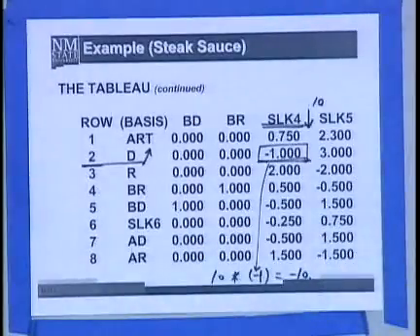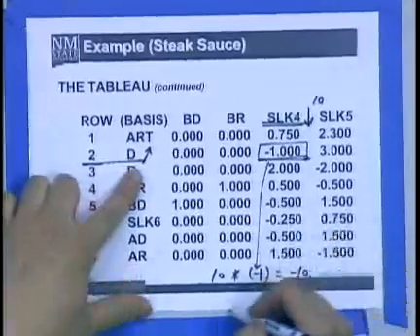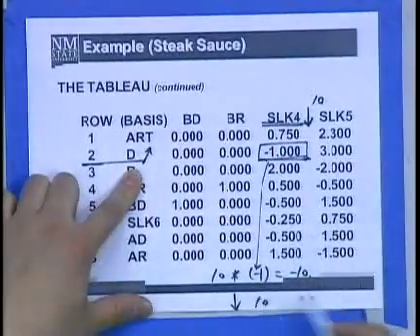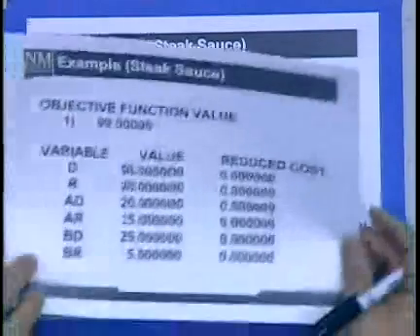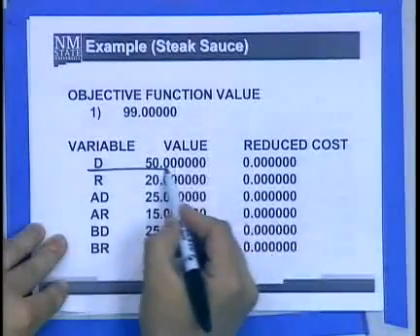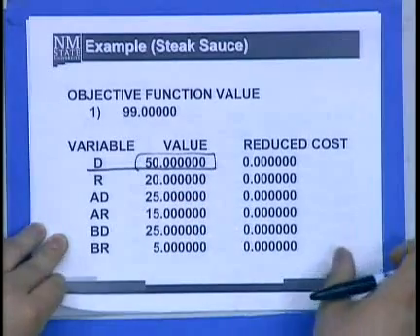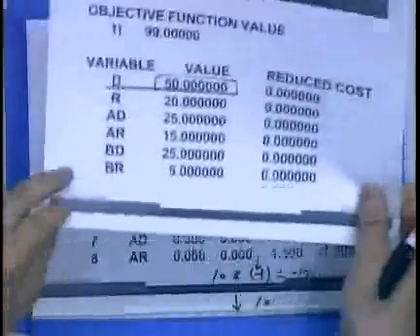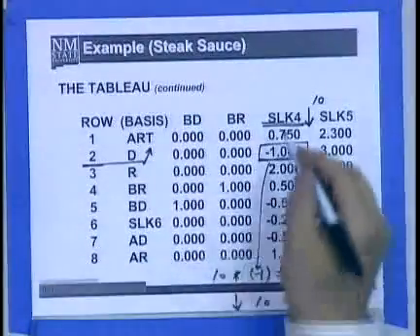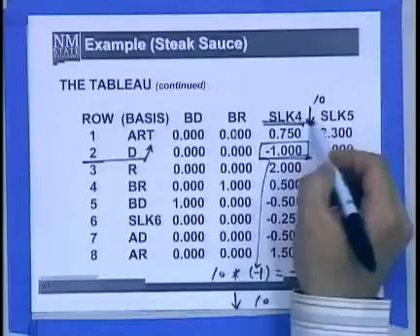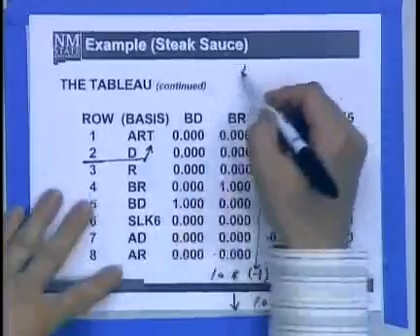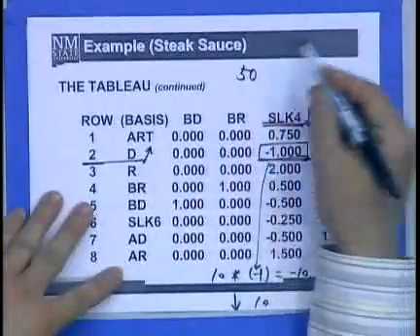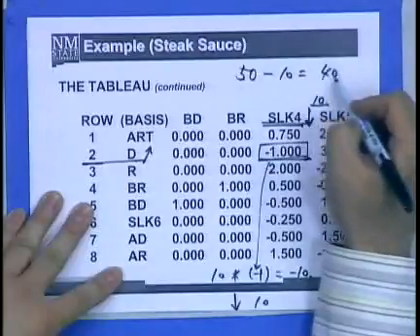Which means the variable d would be decreased by 10. Is that right? In the original optimal solution, the value of d is 50. Therefore, if slack variable 4 were decreased by 10 units, the variable D becomes 50 minus 10, which is 40, right?